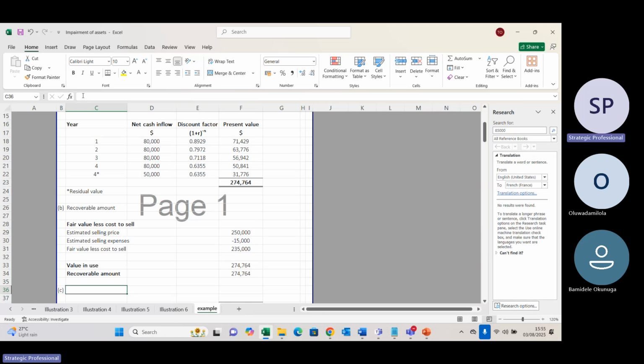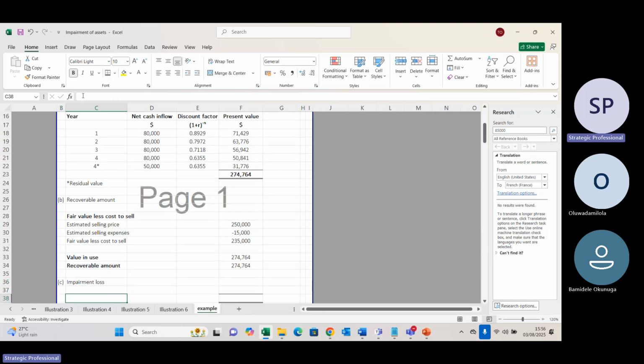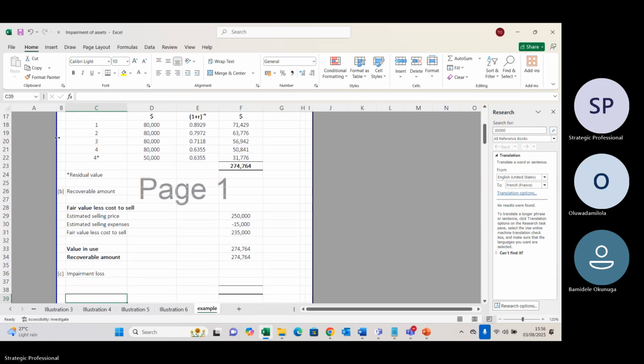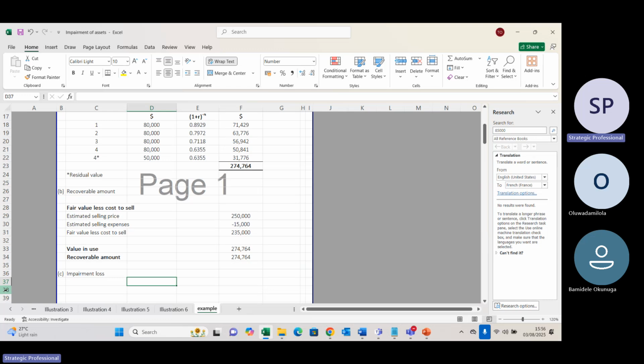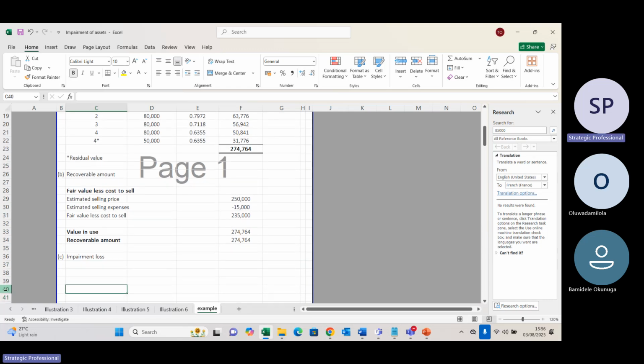Now we want to ascertain impairment or impairment loss. There's something I want to drive at so that you guys understand. My carrying amount, what's our carrying amount? This question has been given to us.